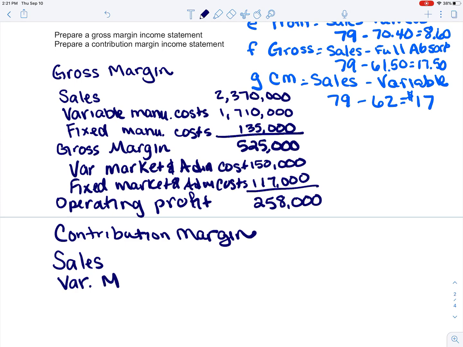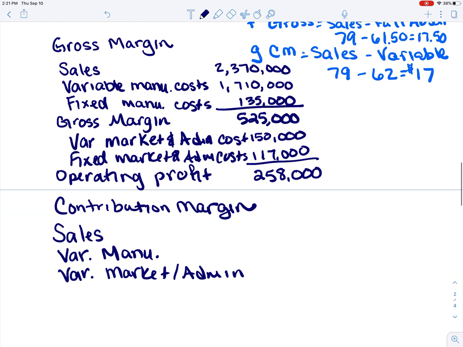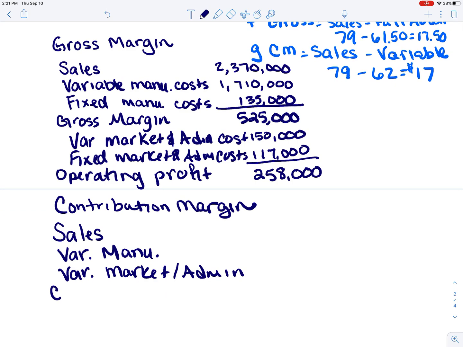So we have our variable manufacturing cost, and we have our variable marketing and admin cost. That's going to then equal our contribution margin.